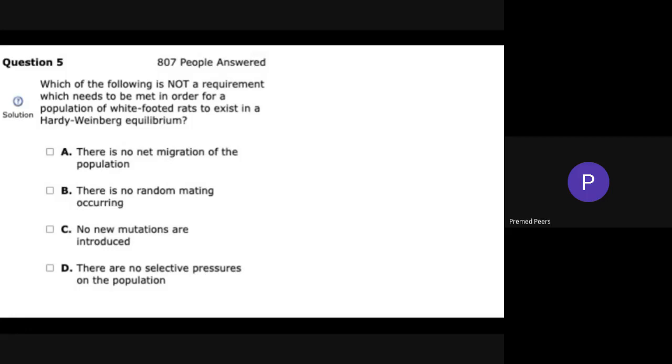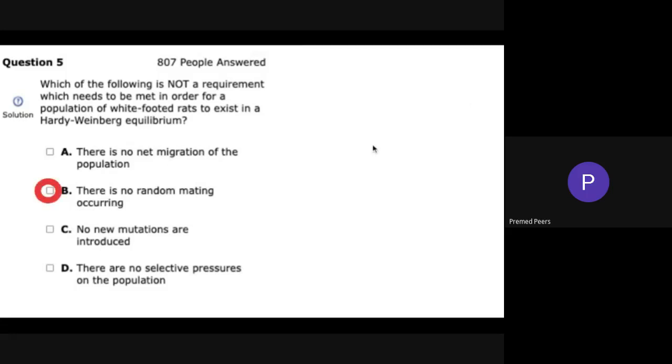Okay, last question for this one: which is not a requirement that needs to be met for a Hardy-Weinberg equilibrium? Okay, perfect.